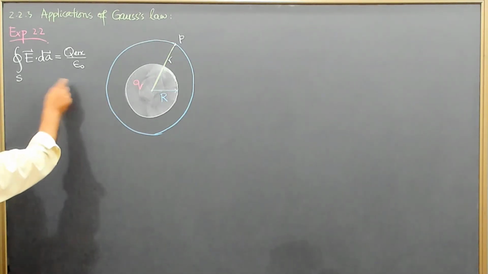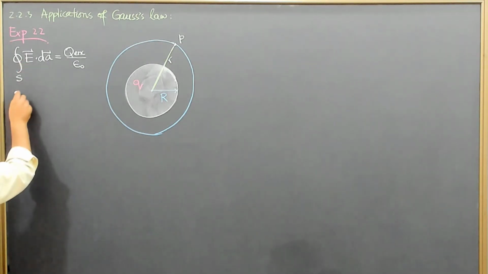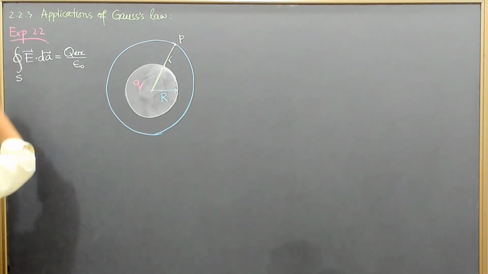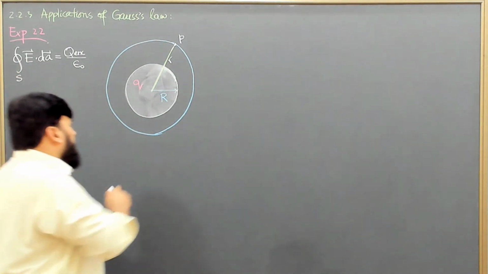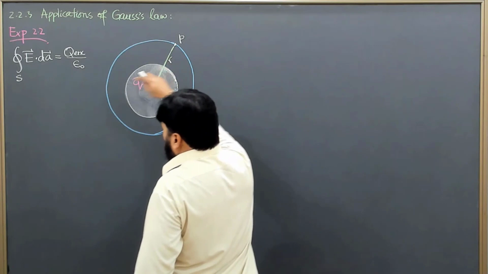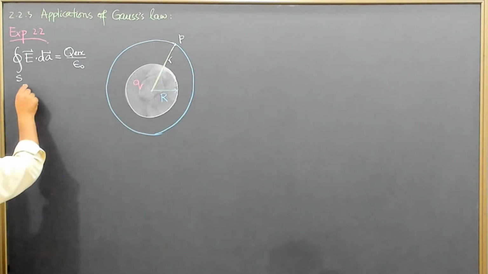First we calculate this side, and this side is equal to the integral on a closed surface of E dot dA. Now as we know that it's a dot product here, it will be equal to E dA cos theta.